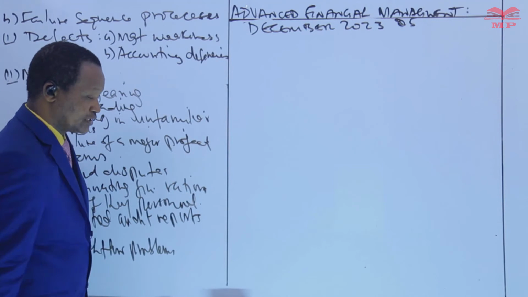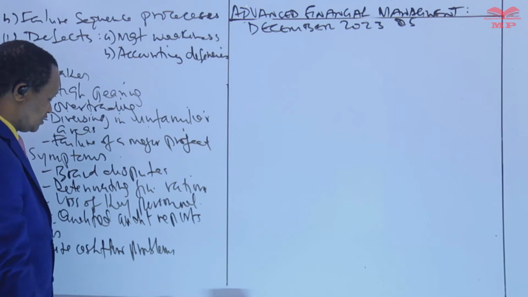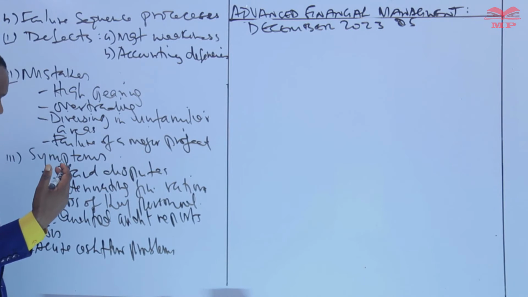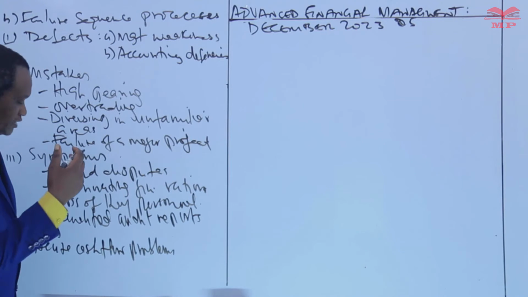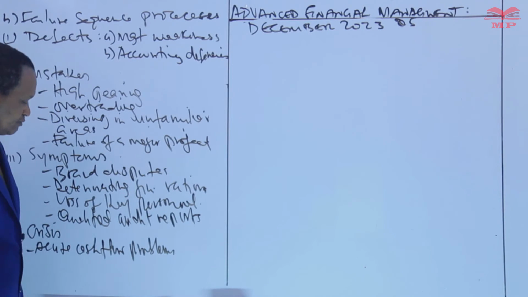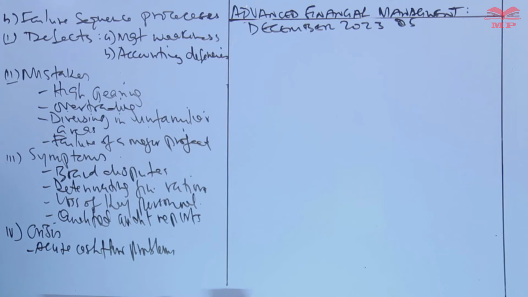The shareholders have not been receiving dividends. Other operational expenses are not being met. The company has not paid even short-term liabilities as a result of acute cash flow problems. This is the inability to pay creditors, to meet financial obligations, and so on.